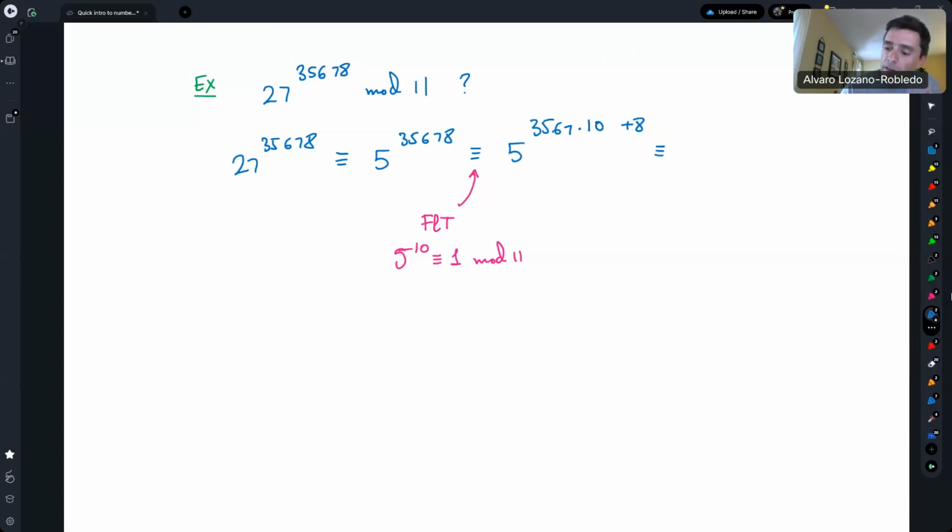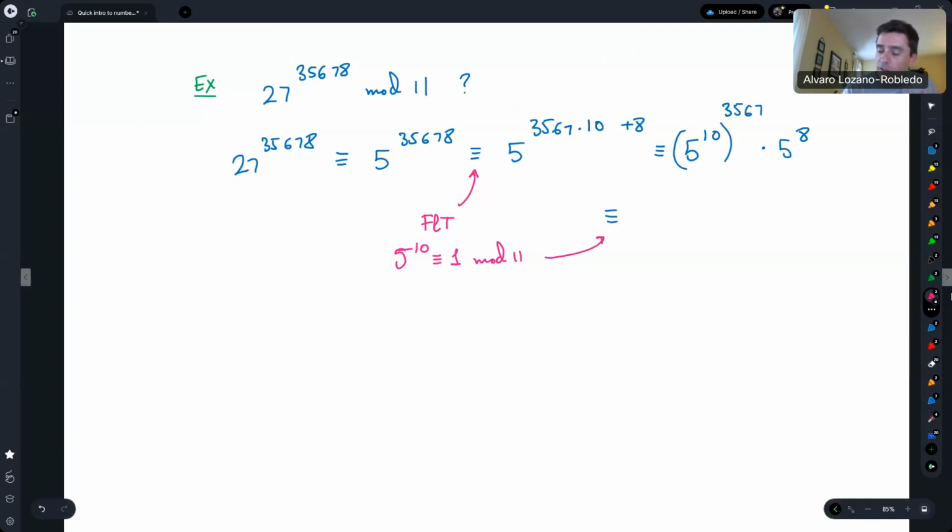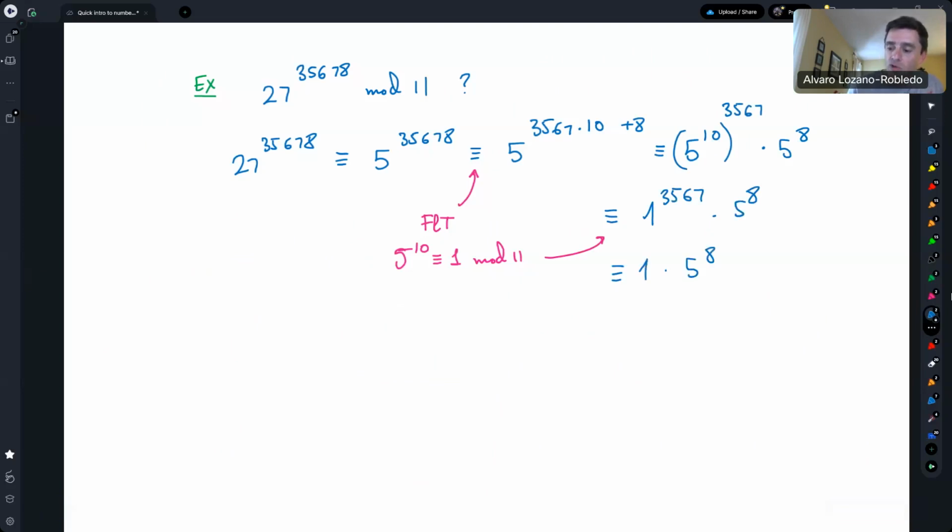And then by the laws of exponents, this is 5 to the 10 to the 3567 exponent times 5 to the 8. But now I use Fermat's little theorem to say that 5 to the 10 is 1, and 1 to a very large power is just 1. So that is 1 times 5 to the 8. So this is just going to be 5 to the 8, whatever that is.